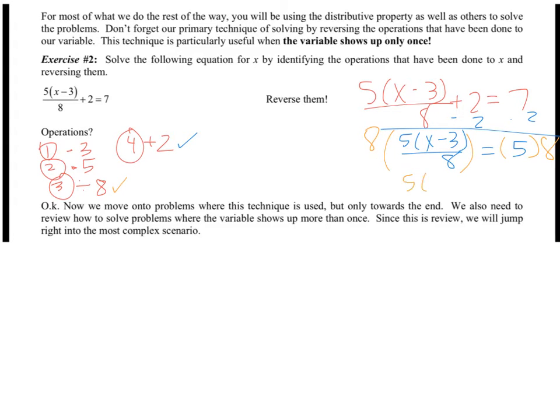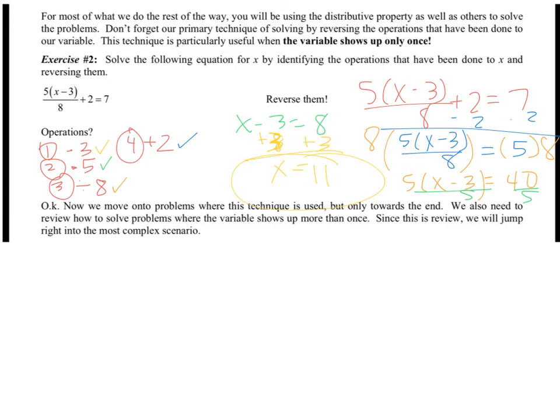So 5 times x minus 3 equals 40. And instead of timesing by 5, we're going to divide by 5. So x minus 3 equals 8. And instead of subtracting 3, we're going to add 3. So x equals 11.